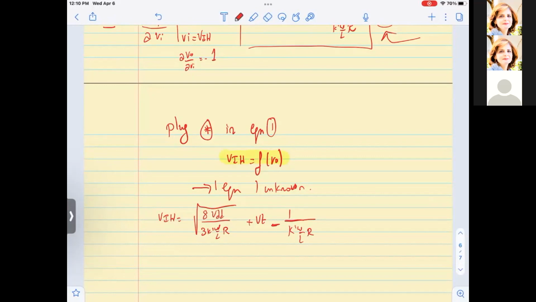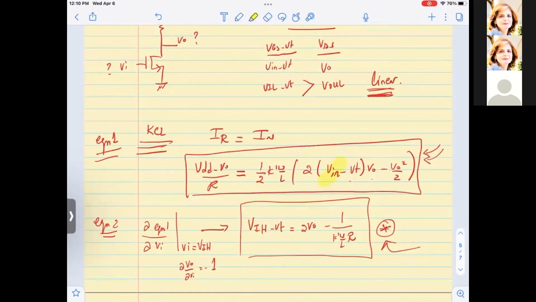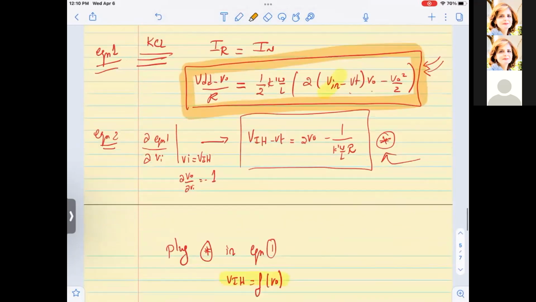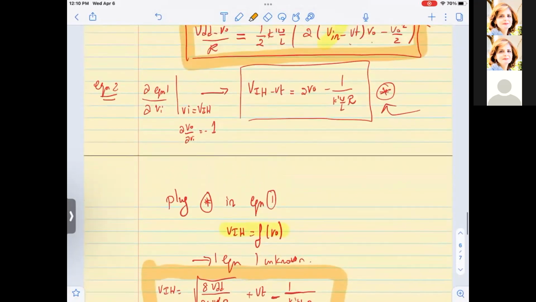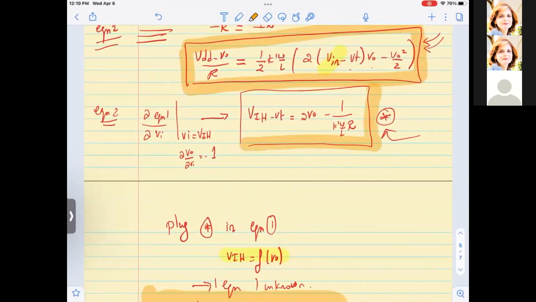Okay, so the most important thing is that we can know this, and we can use this equation. It gives you VIH, and it gives you a relation between VO and VIH, which you can use.